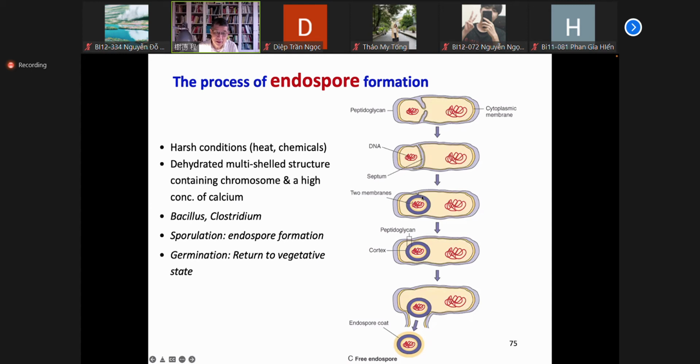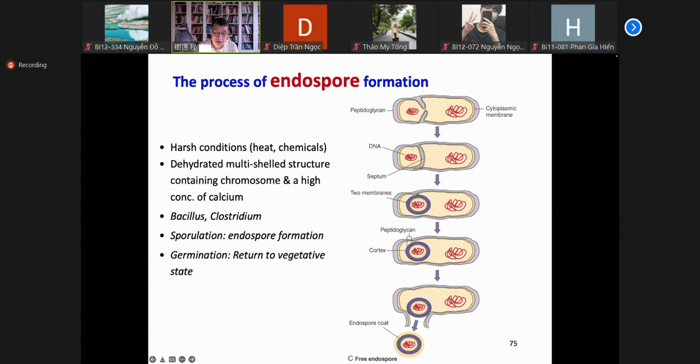And this one expresses many sporulation genes. These sporulation genes will make the coat, and make the daughter chromosome shrink into an endospore.